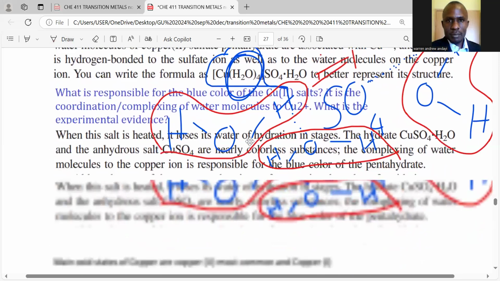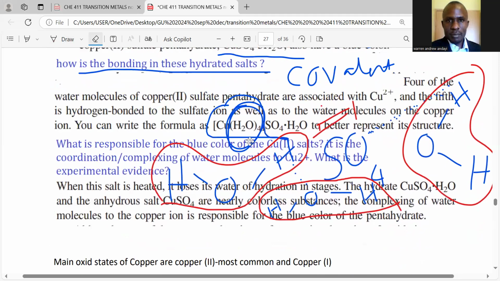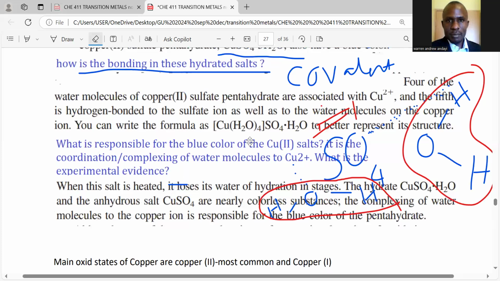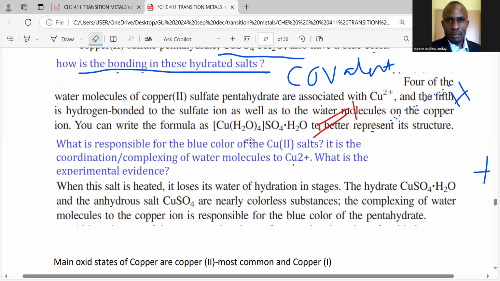Let's move on. Let me clean the board. What is responsible for the blue color in copper 2 salts? Is it the coordination or complexing of water molecules?